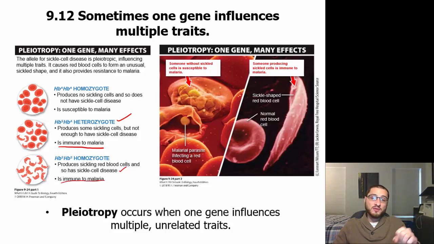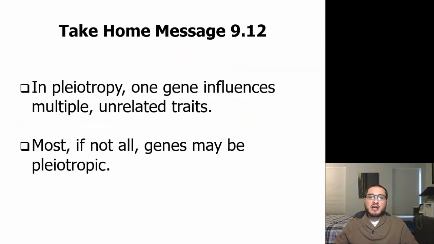As much as it's good for staying safe from malaria, it is not necessarily beneficial to be homozygous for the allele on both of the genes that you inherit. So pleiotropy occurs when a gene influences multiple unrelated traits, like the trait for having sickle cell and the trait for being able to do well when met with malaria. So in pleiotropy, one gene influences multiple unrelated traits.